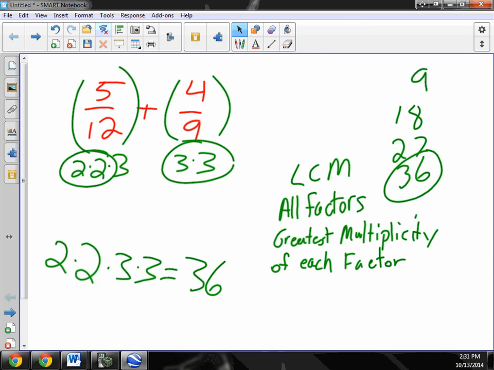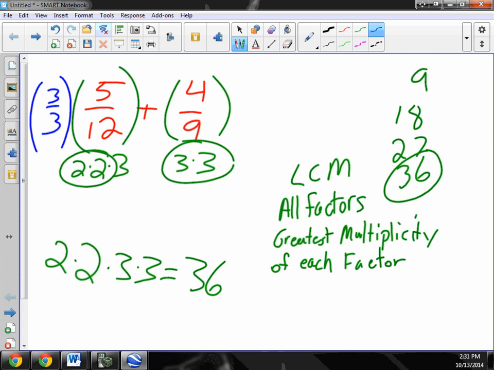Now, hang on, you'll get better at this. So now I look and I say, if I'm going to create a common denominator, what is this denominator missing? It has a 2, and it has a 3, but it's lacking another 3.